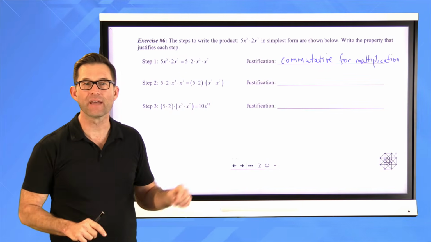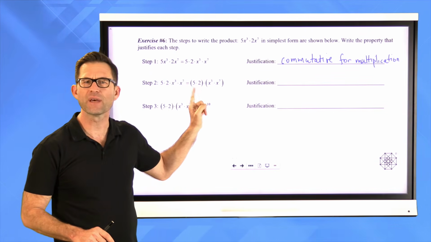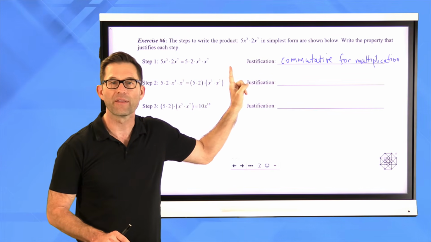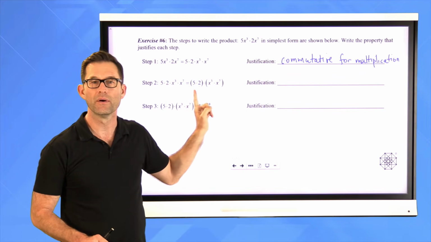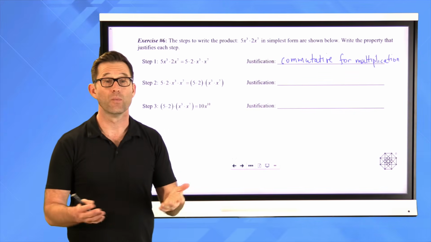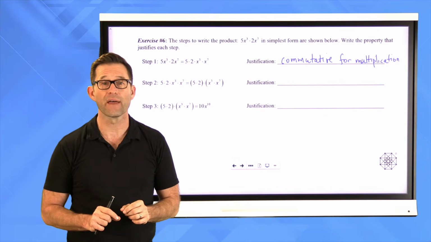Now, in the next step, we've taken this expression, we've just repeated it down here, and we've now said, well, you know what I'm going to do? Even though order of operations tells me I should be evaluating the product in this direction, I'm going to group those first 2 things together, and I'm going to group those second 2 things together. What property allows us to group different parts of a product together?